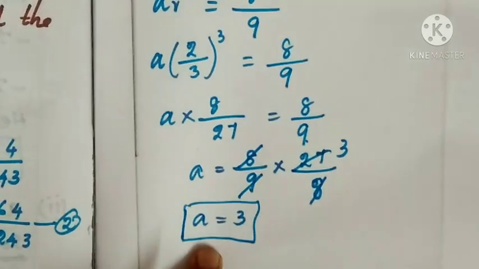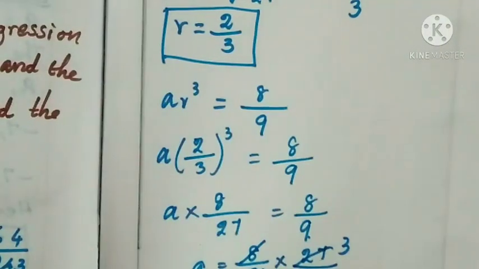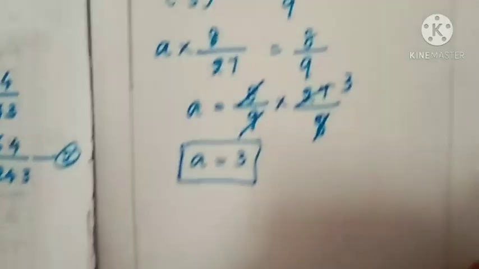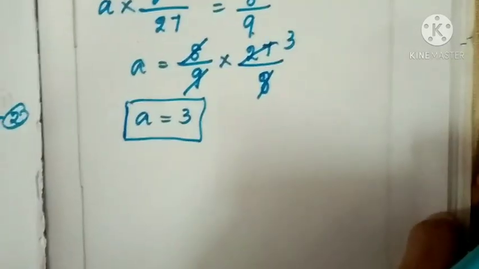Now we have the value of first term and common ratio. Next we have to find the GP of the given term.